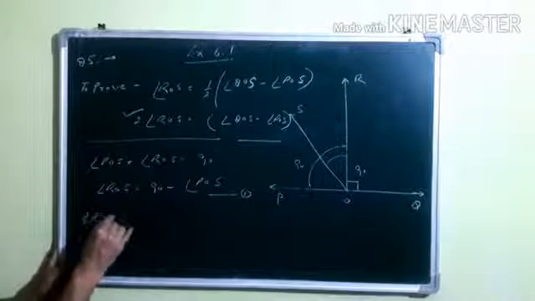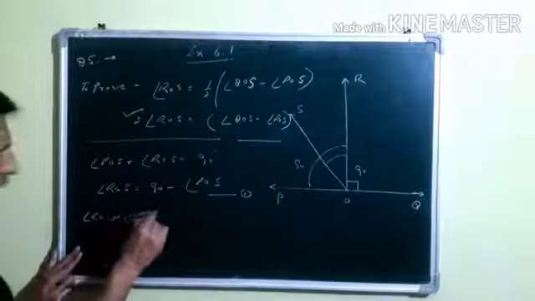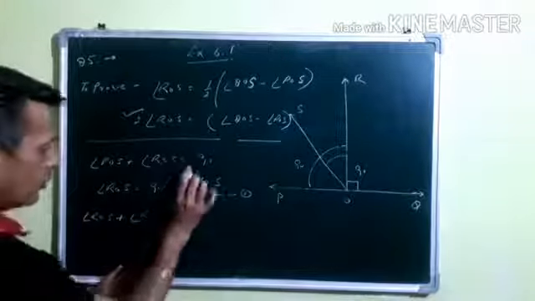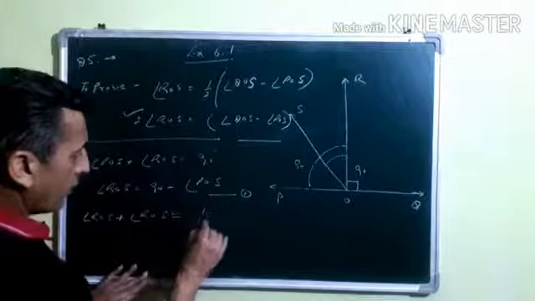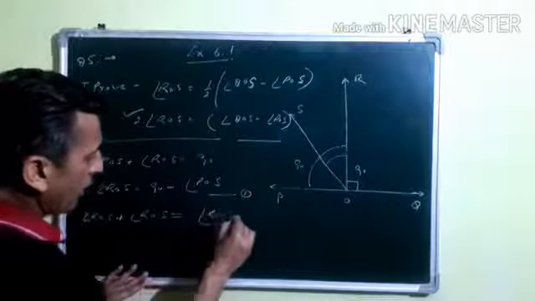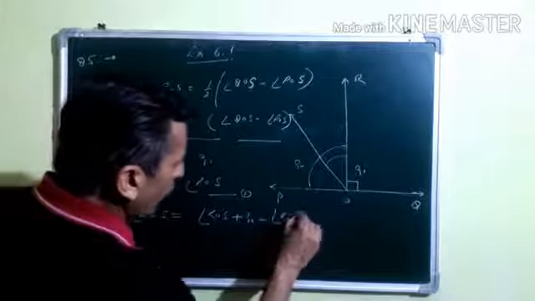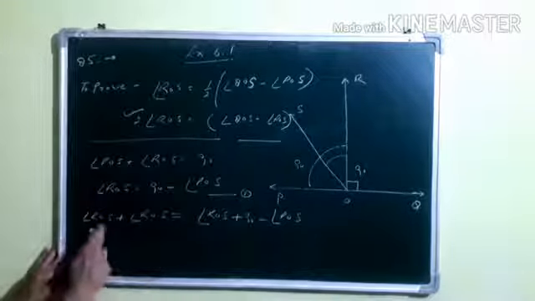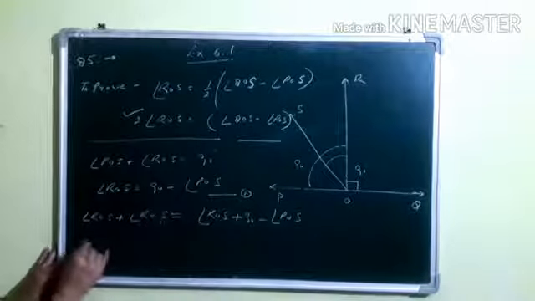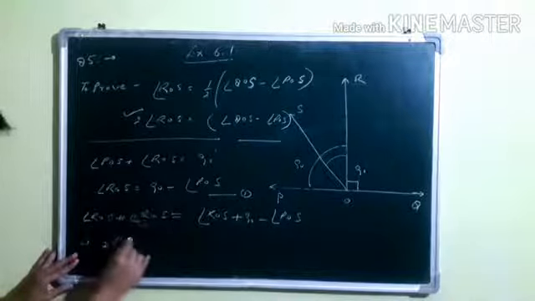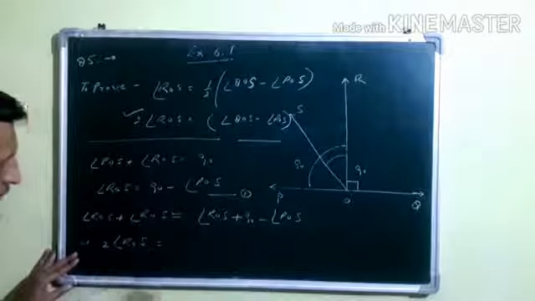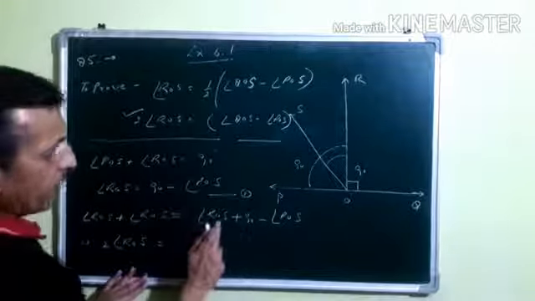So angle ROS plus angle ROS is equal to, here it's angle ROS plus 90 minus angle POS. Done. Now ROS plus ROS, that becomes 2 times ROS, that's your requirement, angle ROS, which is equal to 90 plus ROS.